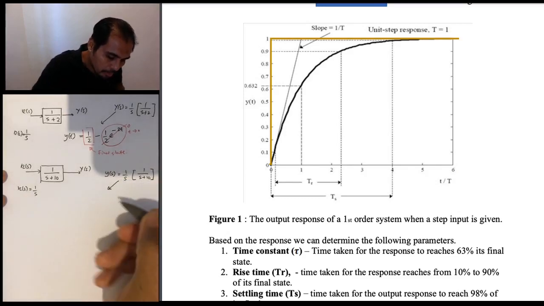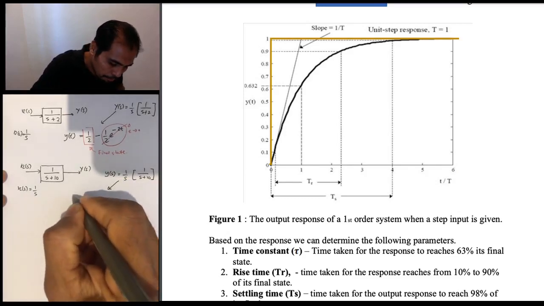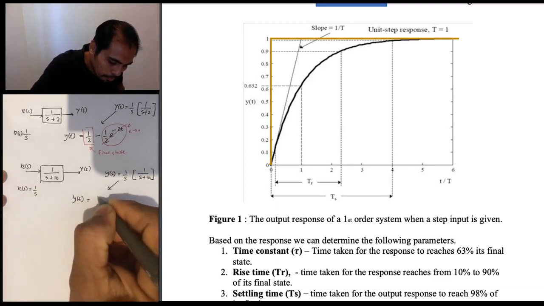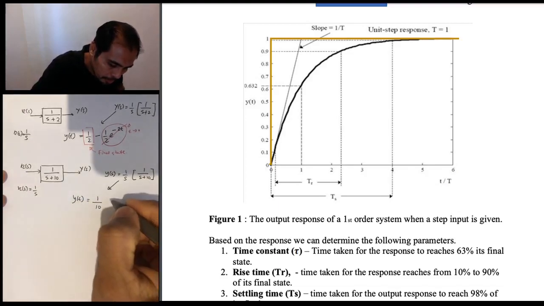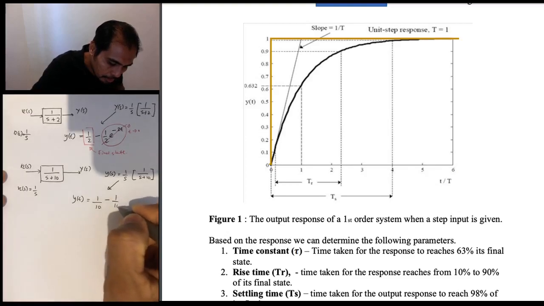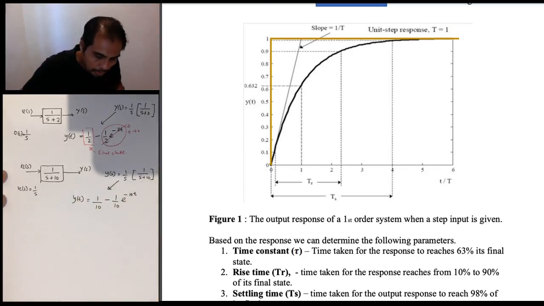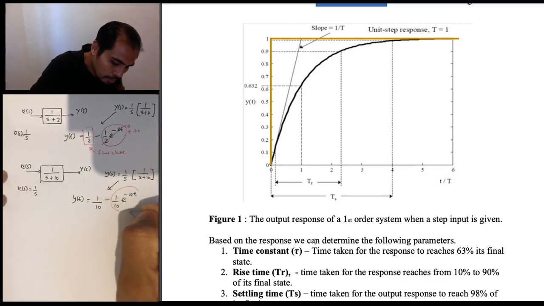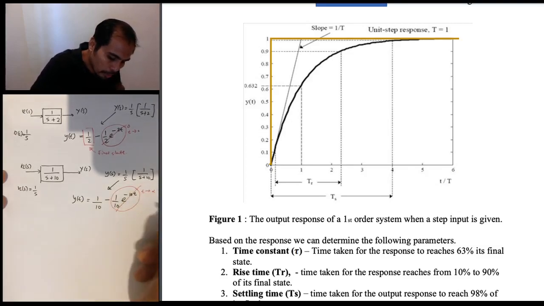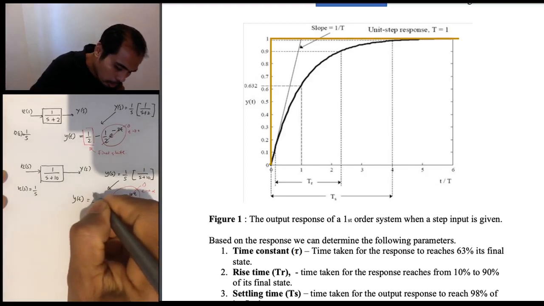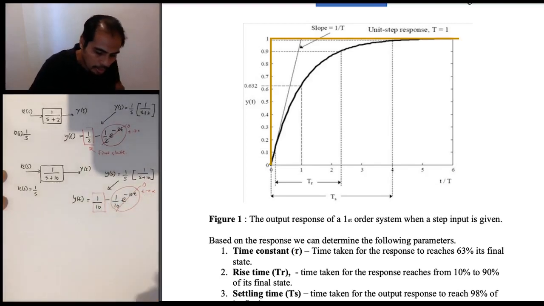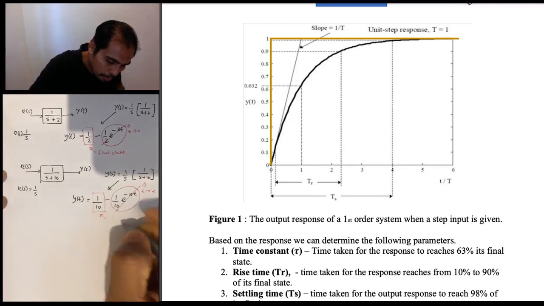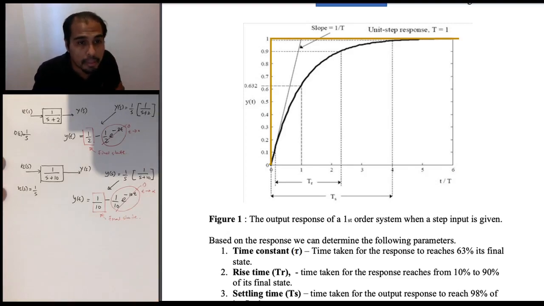Then in time domain we'll have 1 over 10 minus 1 over 10 e to the minus 10t, right? Same thing. If this term becomes 0 as t approaches infinity, the final state is 1 over 10. This is our final state, right?